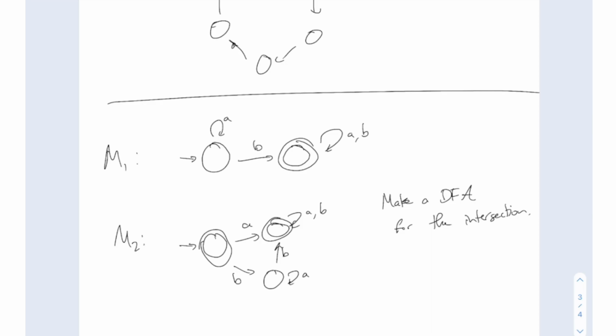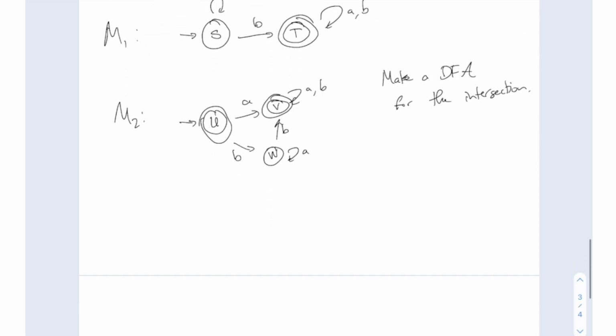How about this? I'll get us started. Let's give names to all the states just to help us keep it straight. So from the first DFA, maybe I'll call them S and T, and the second one I'll call U, V, and W in that order. All right.